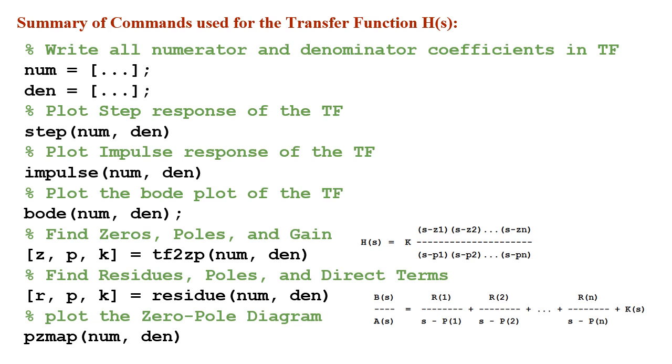And if you're also required to find the partial fraction decomposition of a transfer function, you can simply call residue and follow the steps we've explained previously in order to rewrite h of s in terms of partial fraction expansion. Finally, to plot the zero pole diagram, you can call pzmap.